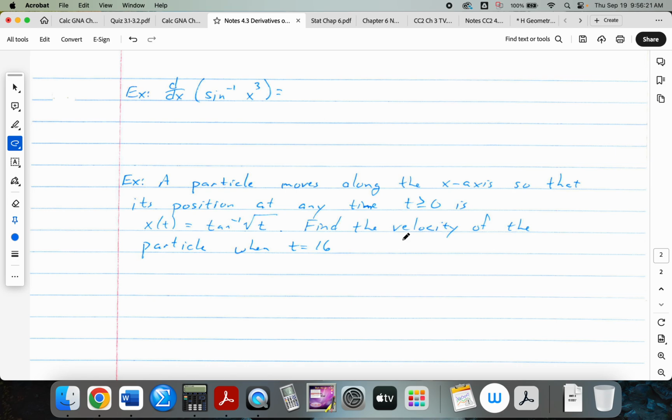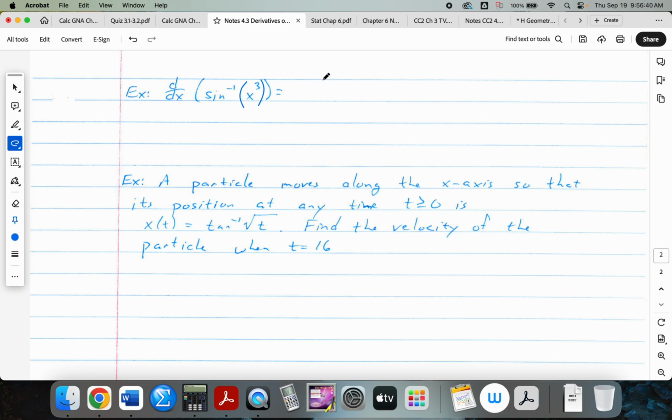All right, so let's do this. Let's find the derivative with respect to x of the sine inverse of x cubed. Although they didn't write it this way, this is a composite function. It's the sine inverse of x cubed.